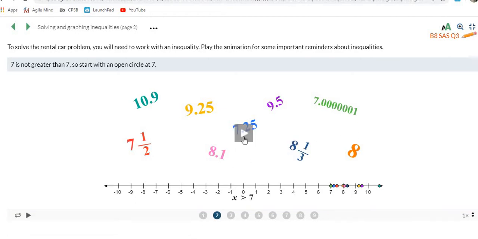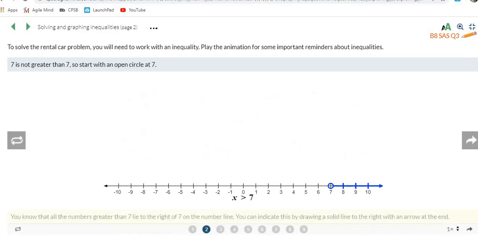So I could graph this with an open circle at 7, and I could shade it towards the greater than values. A little trick that I use is if the variable is on the left, it kind of points the direction you need to shade it. See the arrow pointing? The inequality?